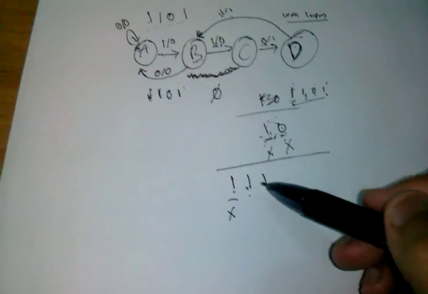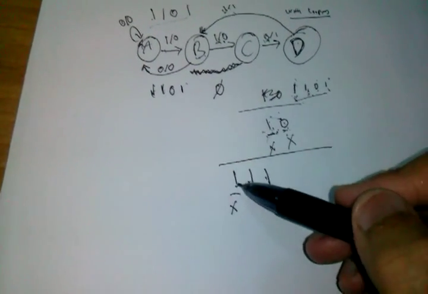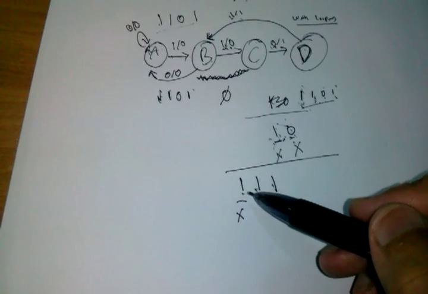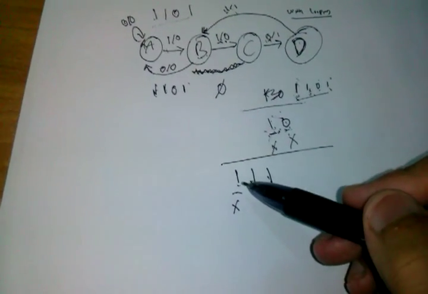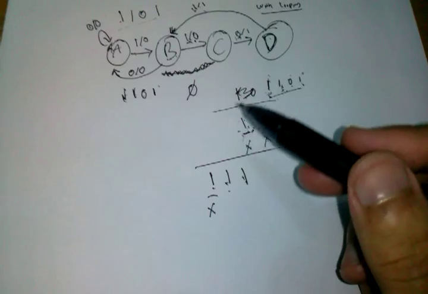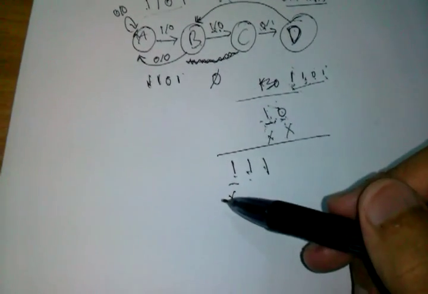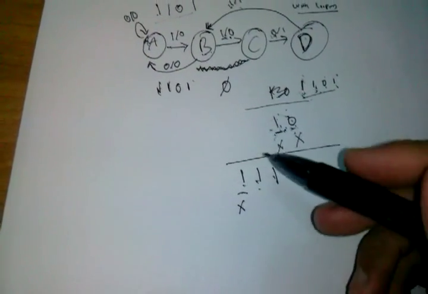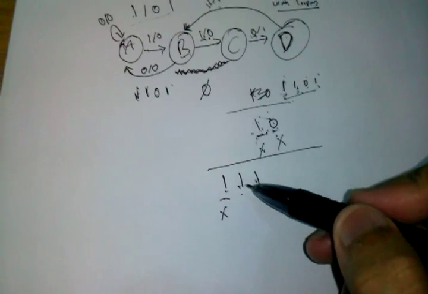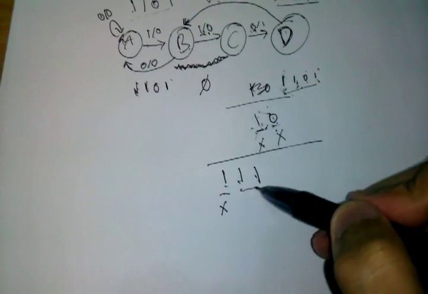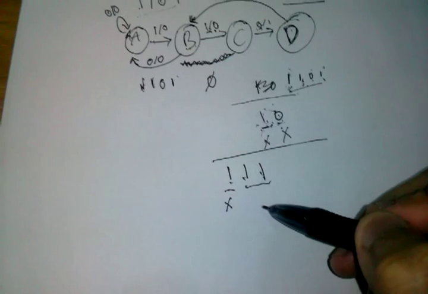Because this is 1, the first digit that we guessed before should be wrong, just like that.